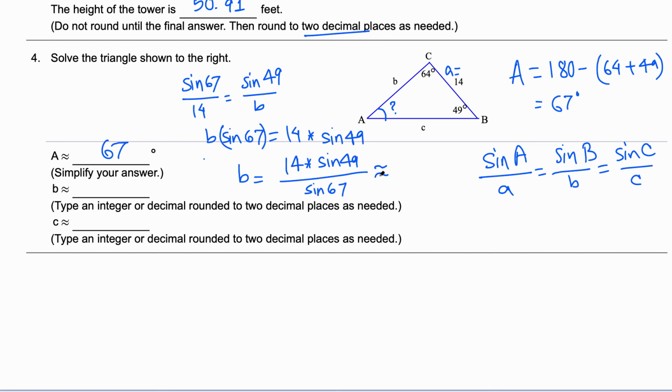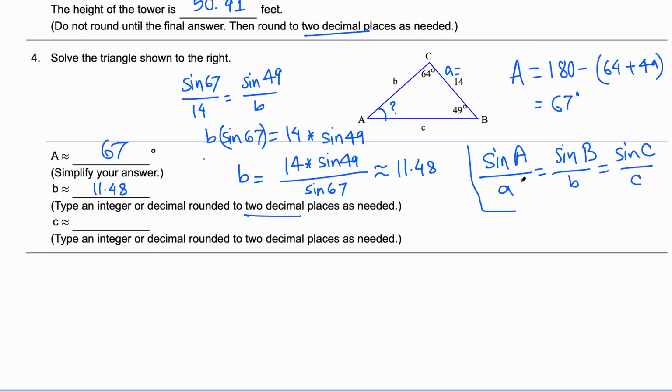Make sure the mode is in degrees because we are working in degrees. So B comes out to be 11.48, two decimal places.